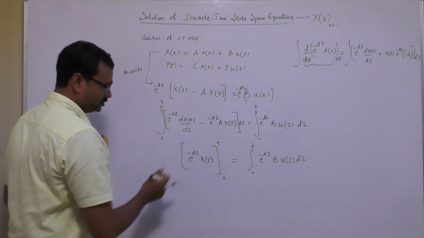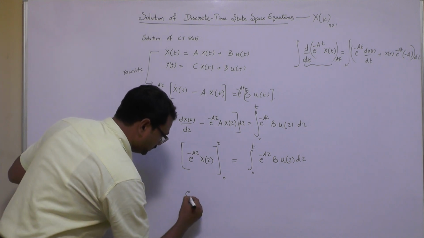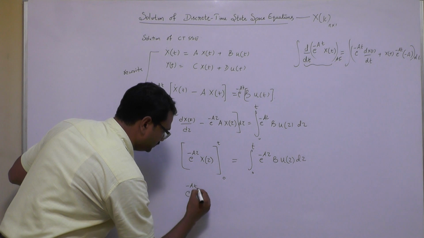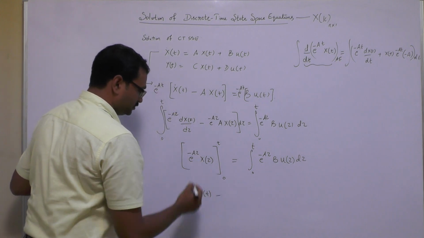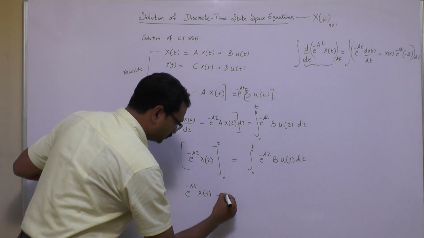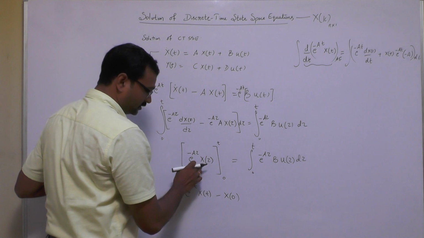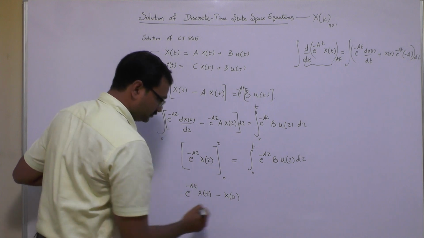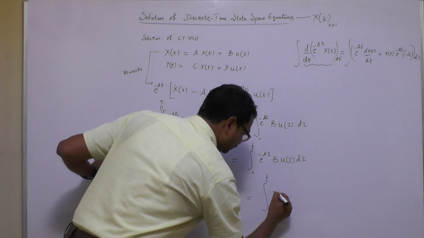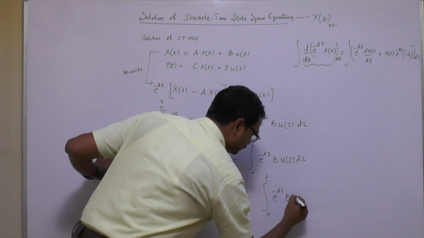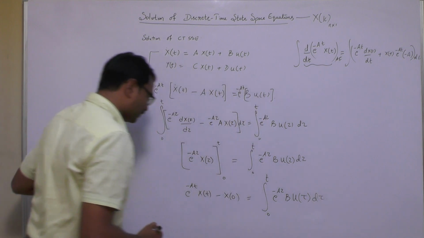So upon substitution of the definite limits, you can say e^(-At) x(t) minus, when you substitute 0, you will have x(0). E^(A·0) is 1, or I, the identity matrix, times x(0). You get this integral from 0 to t of e^(-Aτ) B u(τ) dτ. Right.